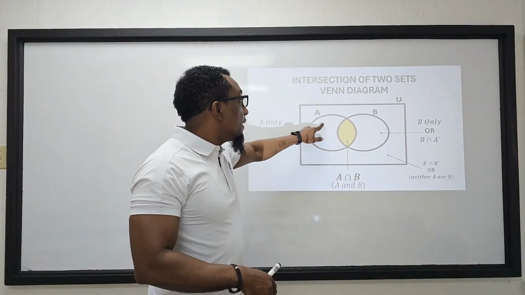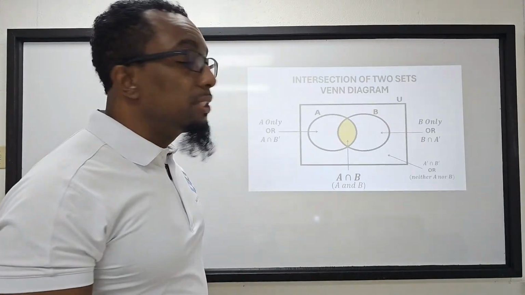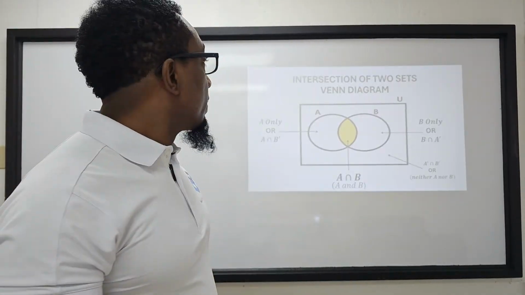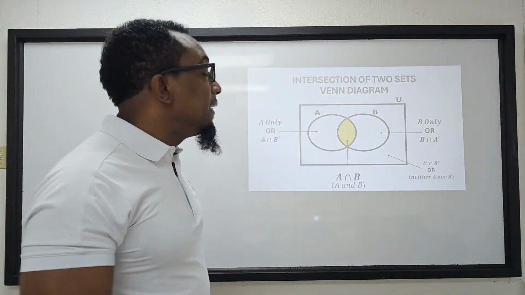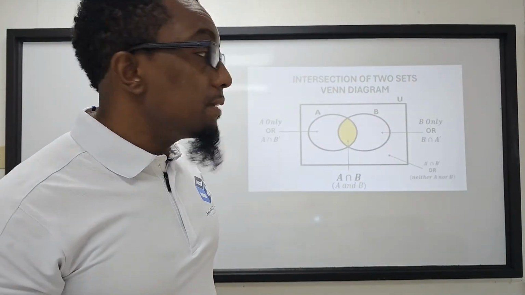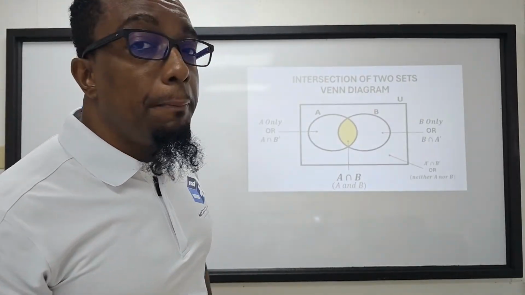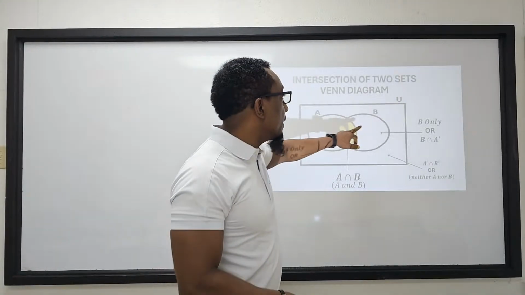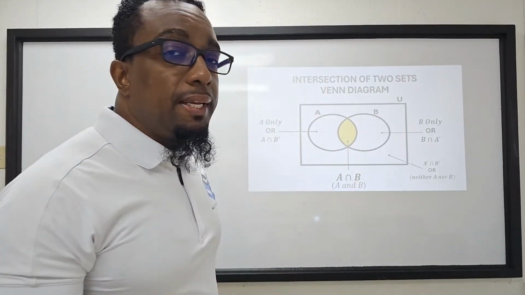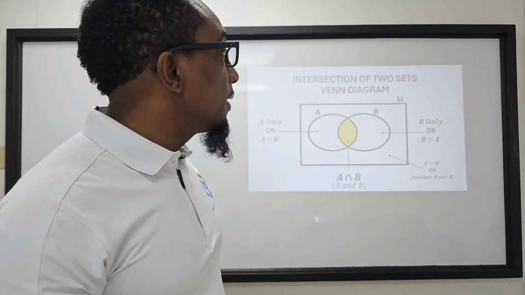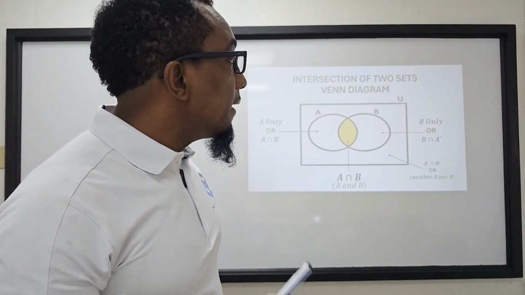This region here, very important, we call that region A only, or in set notation, it's A intersect B complement. So A only is the same as A intersect B complement. This region here is called B only, or we can denote it in set notation as B intersect A complement.